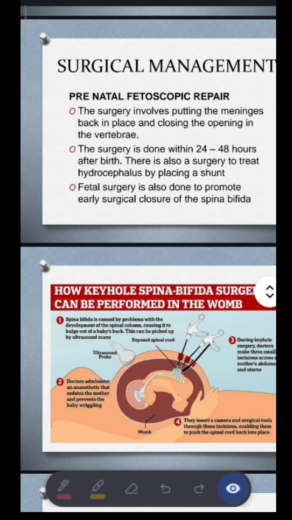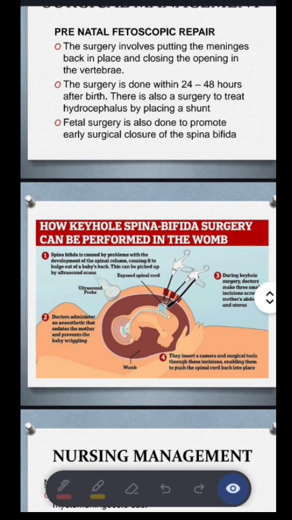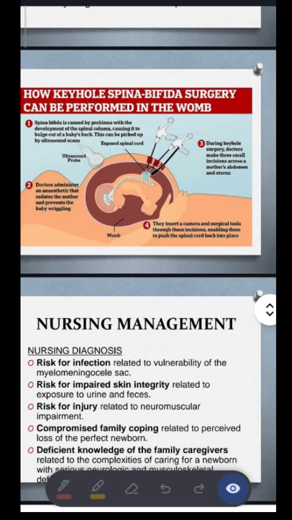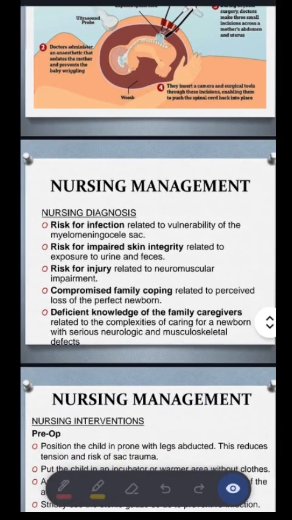So prenatal fetoscopic repair also includes keyhole surgery, which is also available.